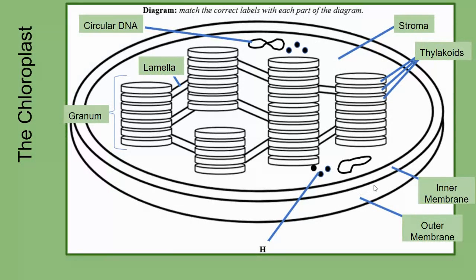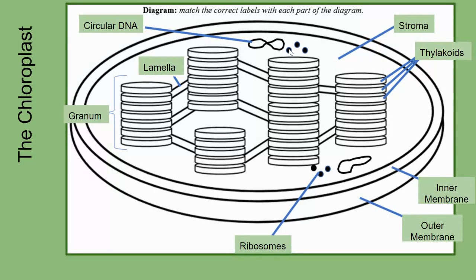And the last thing, which also leads us to believe this endosymbiotic theory that chloroplasts could have existed on their own, is these little dots. You'll remember that even in our cells, the little dots were ribosomes. So chloroplasts have their own circular DNA and ribosomes, which means they can make their own proteins, and that's pretty cool.